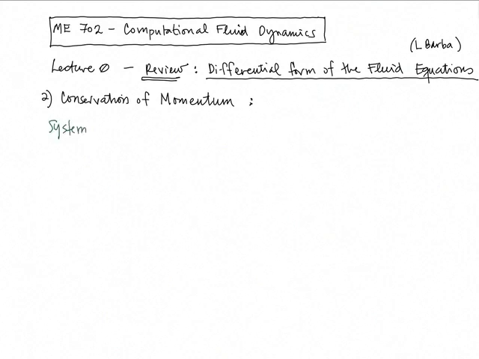For a system, we apply Newton's law to write the conservation of momentum as the following equation. It is the force equal to the change in momentum, the momentum being the integral in the system of the velocity times the mass, velocity times an element of mass integrated over all the system.